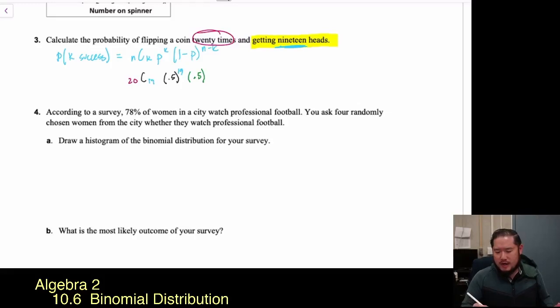And then for the exponent, it's n minus k. n is 20 times for the experiment, minus 19, because we want the number of successes, and that'll get us to the first power. So what you need to do is carefully plug that into your calculator and then see what you get.